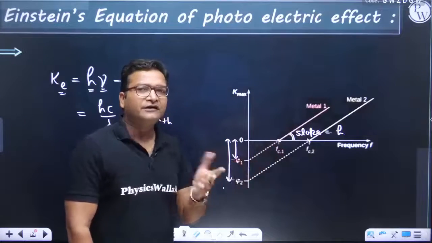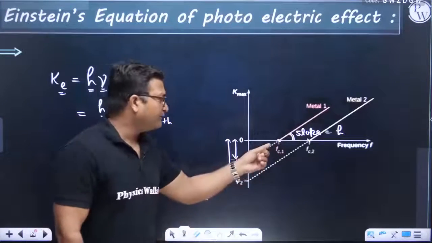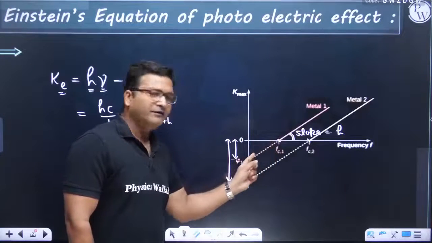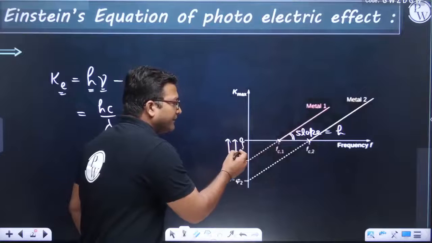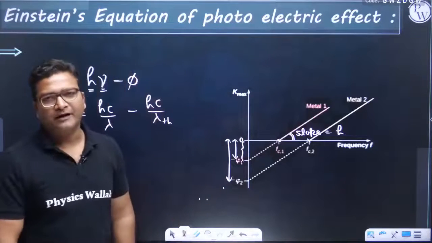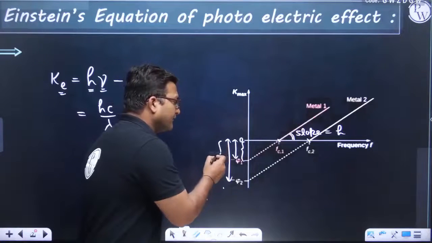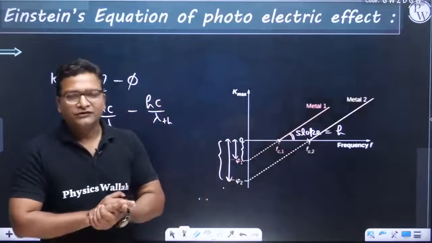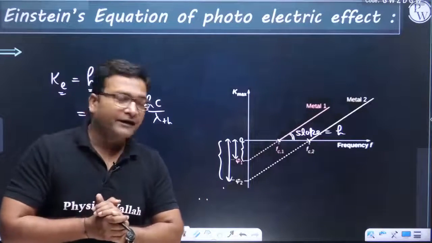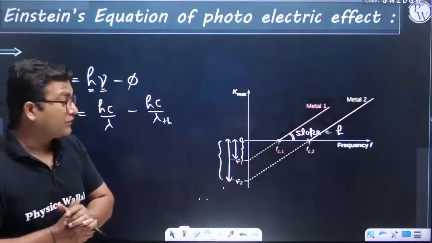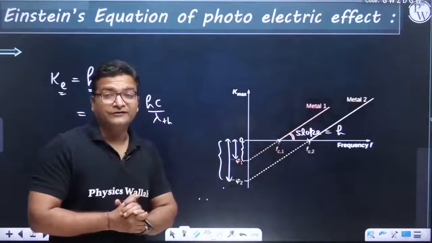Below this frequency, there is no photoelectron, so we have shown this by a dotted line. It means no energy is available, but this is actually the work function of metal 1, and similarly this is the work function of metal 2. So this is about the graph between kinetic energy of the fastest electron and the frequency of photons.